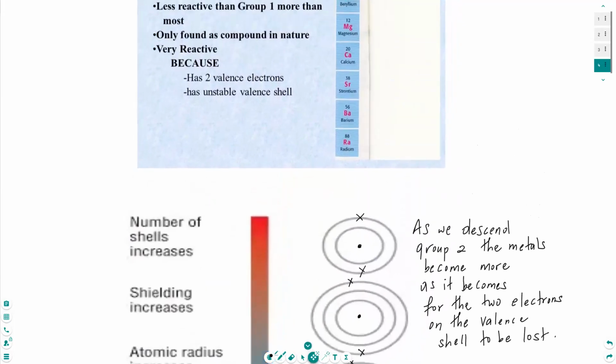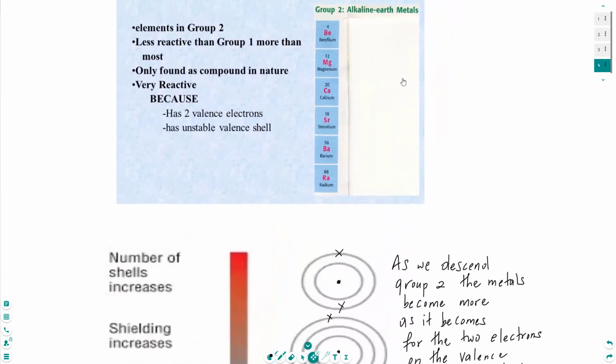All right, so going back to the list of our group 2 elements, we would expect that all the elements, beryllium, magnesium, calcium, strontium, barium, should all be able to do the same reactions, right? Essentially, they can all do the same reactions, but at different speeds.